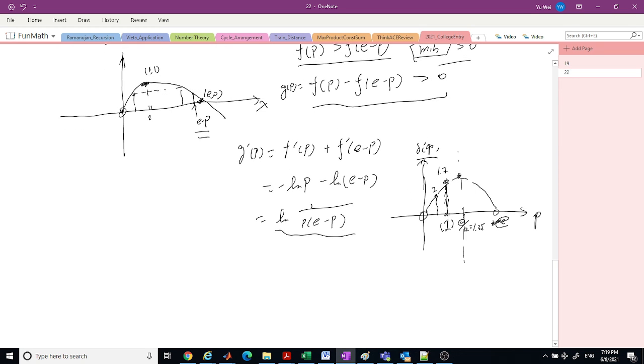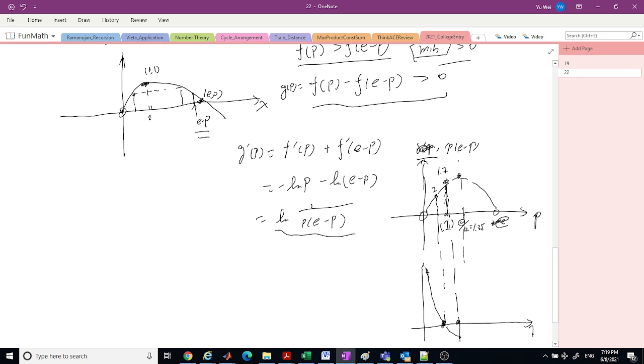So now we can see over this part, this part is p times (e minus p), right? So the log of this one should go from positive infinity, to a certain point where the root is 0, then to here, to 1, right?